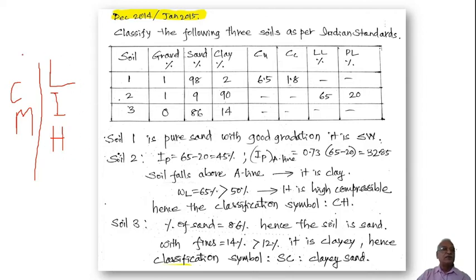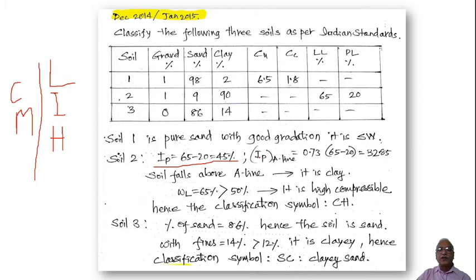This is with respect to plasticity chart. Anyway, soil number 2, they have got one more data, liquid limit and plastic limit also. From that I can calculate IP, which is a difference between liquid limit and plastic limit. It is 45%.